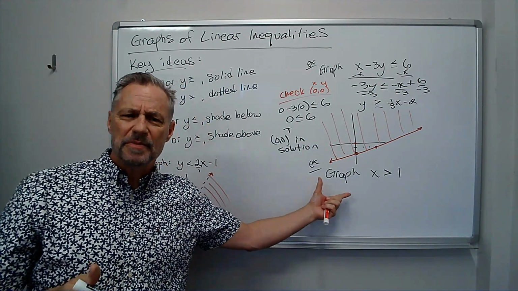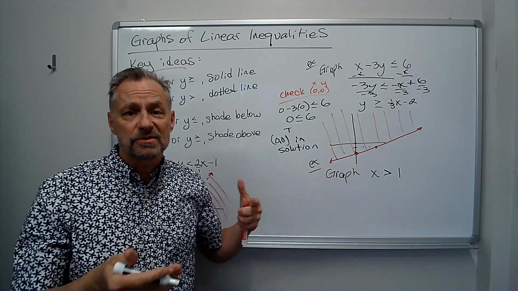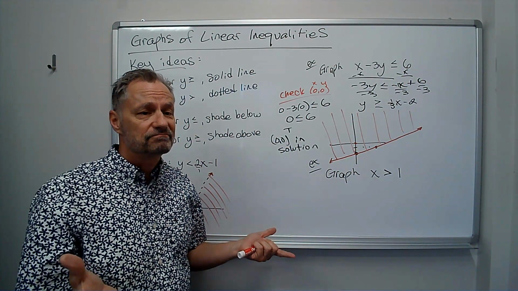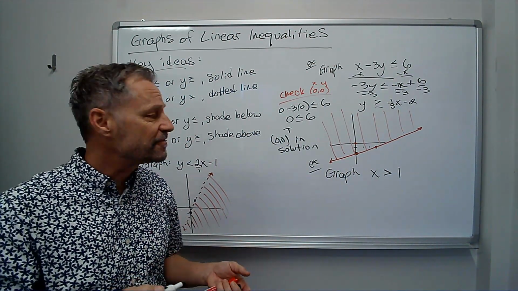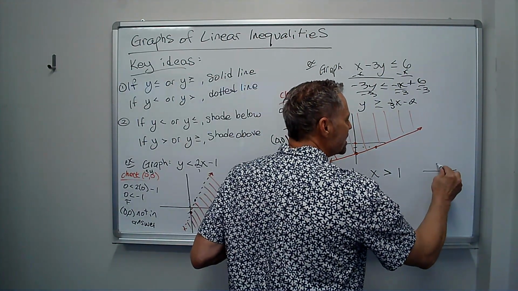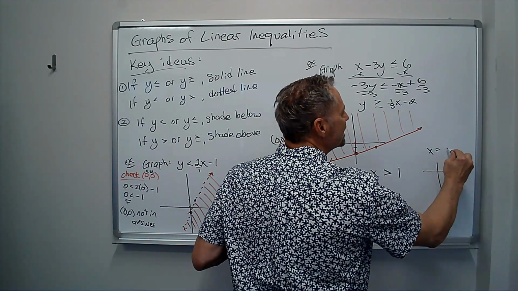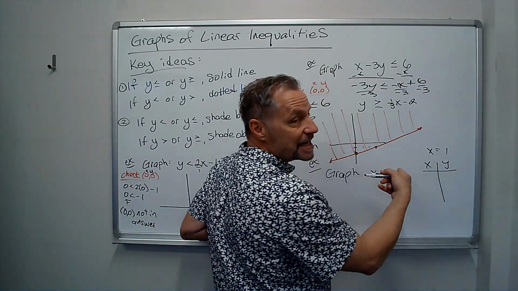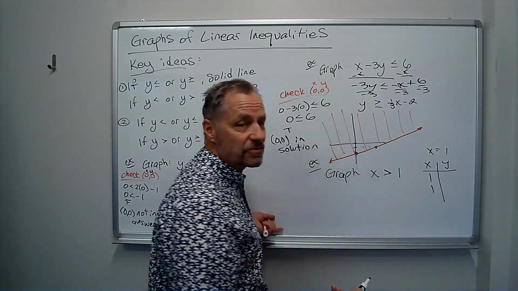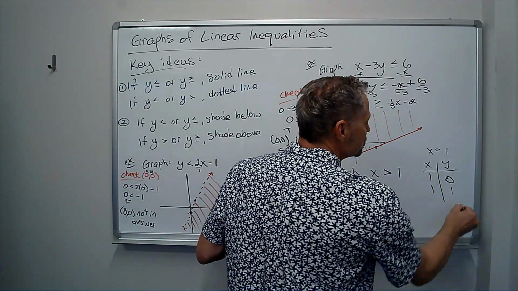And then this one is a little bit different because I can't set it equal to y, so I can't have y equals, slope-intercept form and graph it that way. So let's just think of a couple points for the line itself. So x equals 1, they don't tell me what y is. I can pick anything I want to for y.